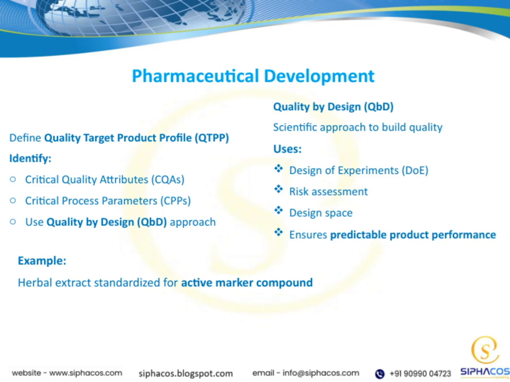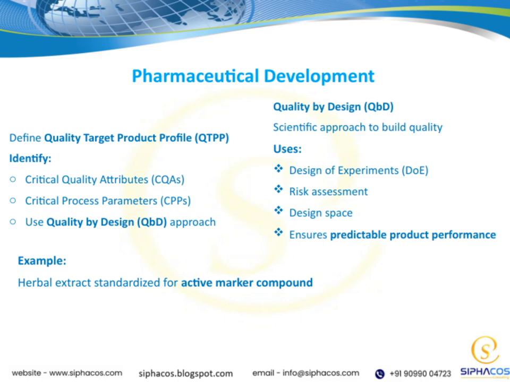It also includes risk assessment, helping us identify potential issues early on. Another important aspect is defining the design space, which is the range of process parameters that ensure consistent quality. All these elements work together to ensure our final product performs predictably and reliably, which is crucial in pharmaceutical development.